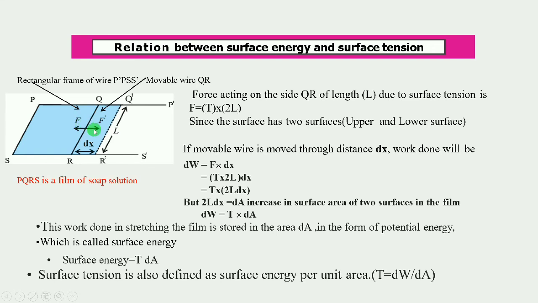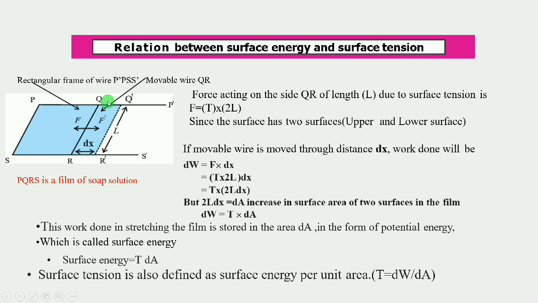So what do we have to do? We have to do certain extra work. Work done is equal to force into displacement. Force is F, displacement is dx. Because these are equal and opposite forces, you can write it as F dx. Now F is T into 2L, so dW equals T into 2L dx. Here L is the length, and the rectangular strip Q'R' has surface area L dx.